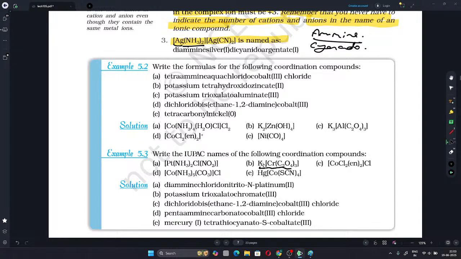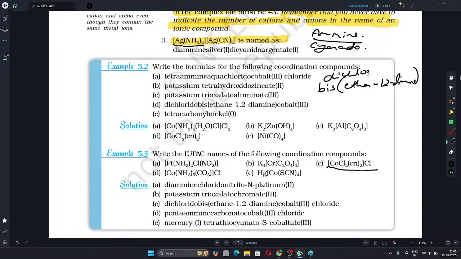The next one, here it's a cationic complex. Bis(ethane-1,2-diamine), but I guess we should get chloride first.